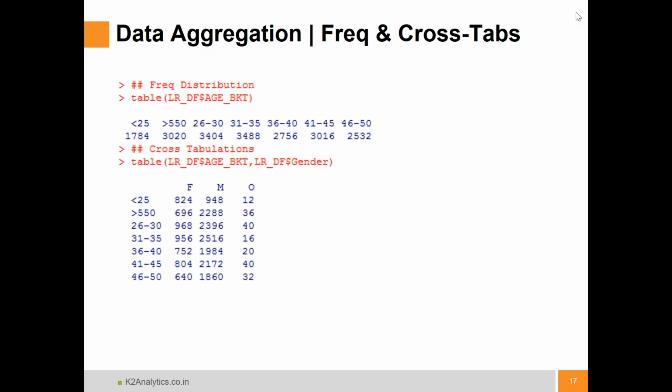In this example, when we did age versus gender, age is actually a continuous variable, but I already had one bucketed variable of age. So typically when you do this cross tabulation for diagnostic reporting, you convert many of these continuous variables into slabbed variables, and then you do a cross tab of a particular slab with respect to another dimension.